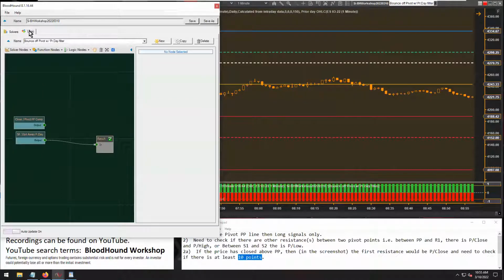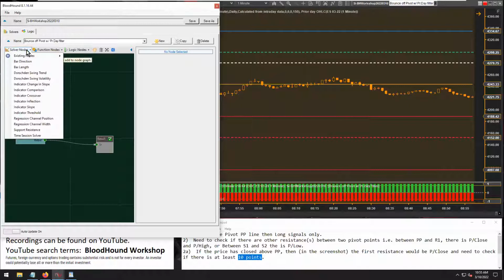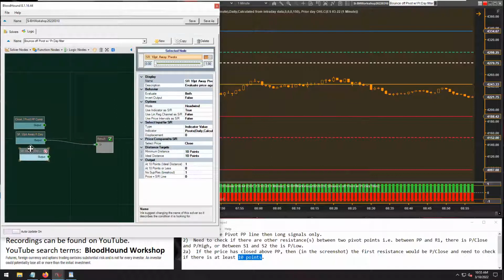Okay, so going back to the logic tab, we're now going to go to our solver nodes, existing nodes, and there is the new solver right there that we just made using the pivots indicator. So put that on there, and there we go. So now we have all three requirements in place.